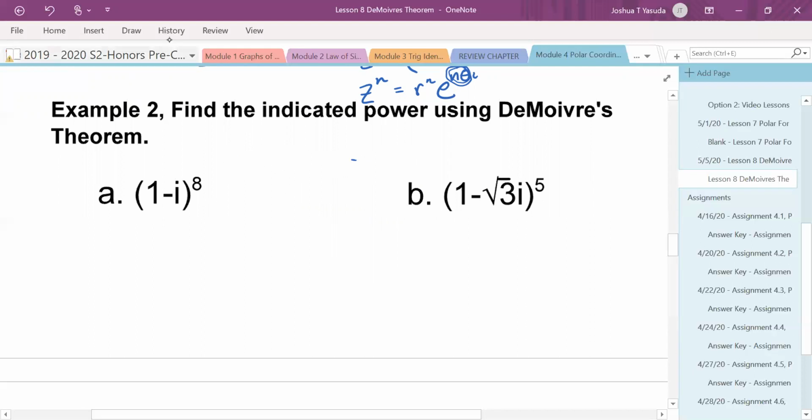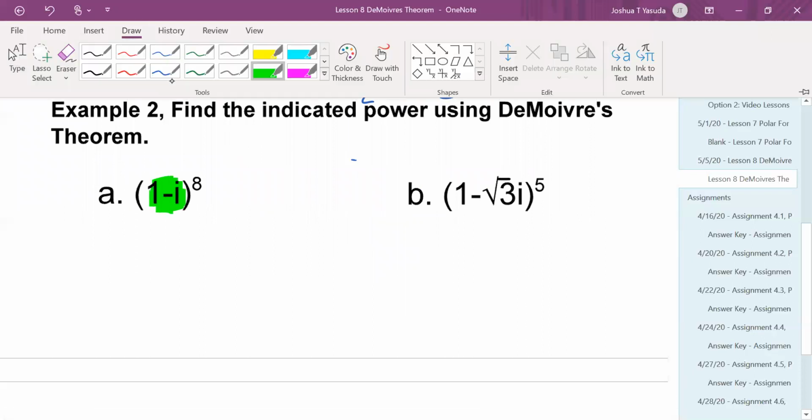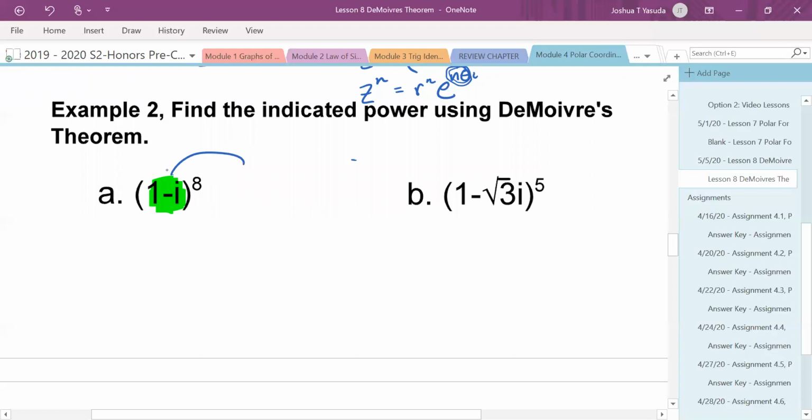The first thing I would do is take 1 minus I, just this part right here, and, you guessed it, write it in exponential form. Where's that at? That's in quadrant 4. What's 1 squared plus 1 squared?